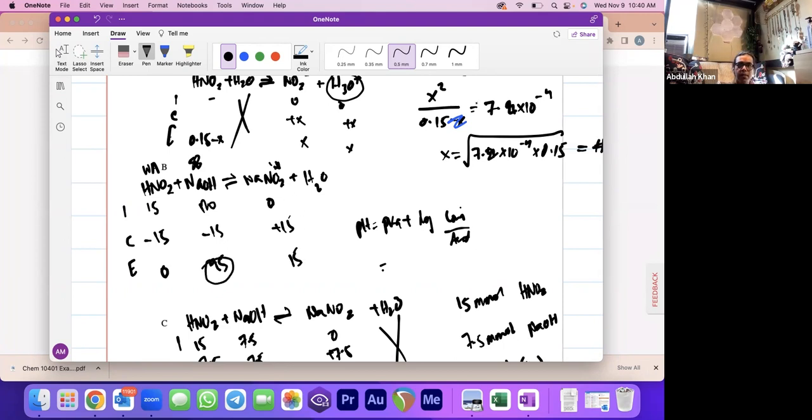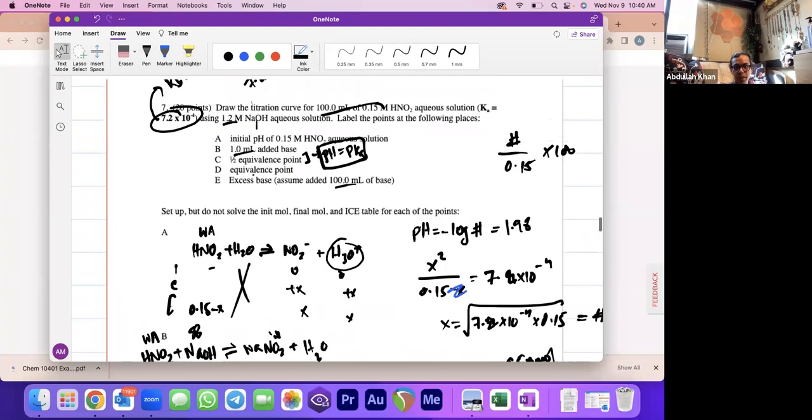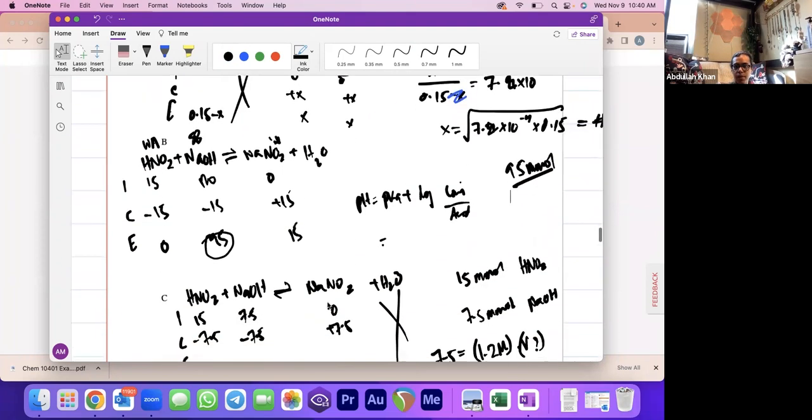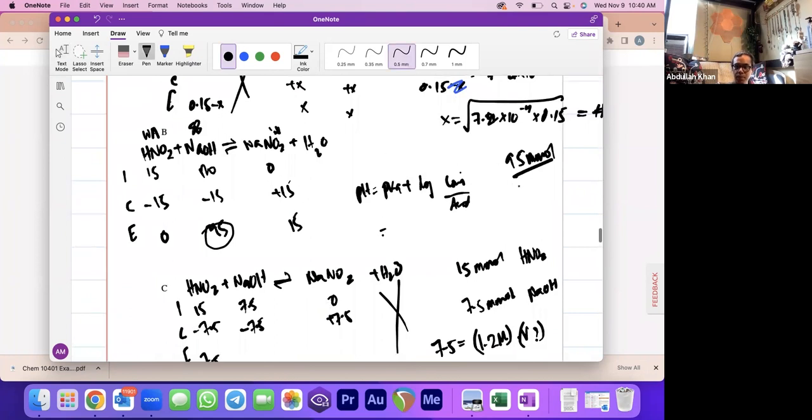This dominates. We've got 95 millimoles of the strong stuff in how much total volume? We had 100 milliliters of HNO2 and 100 milliliters of base, so that's 200 milliliters. 95 over 200 should be approximately a half. I think it's exactly going to be 0.45.